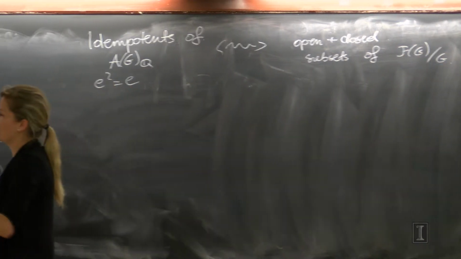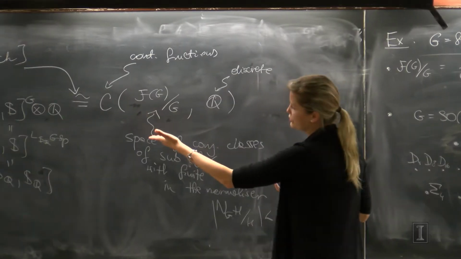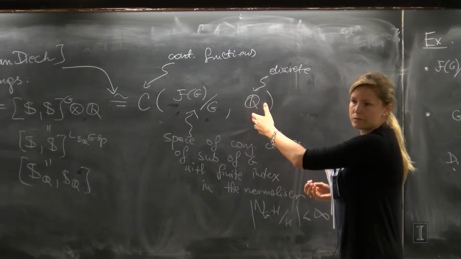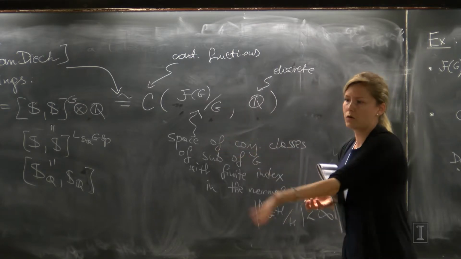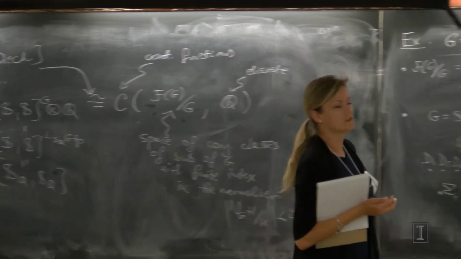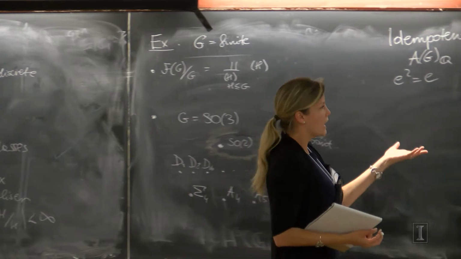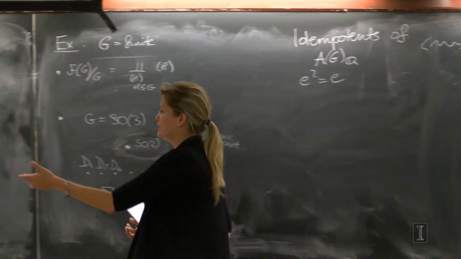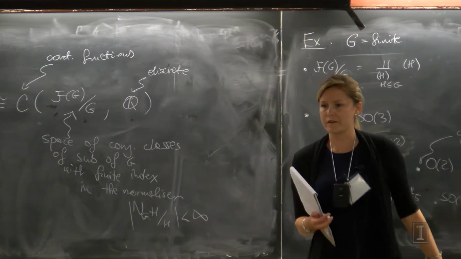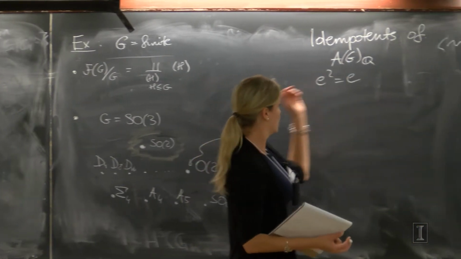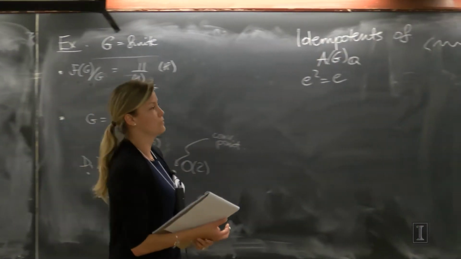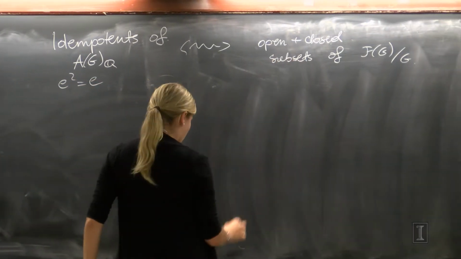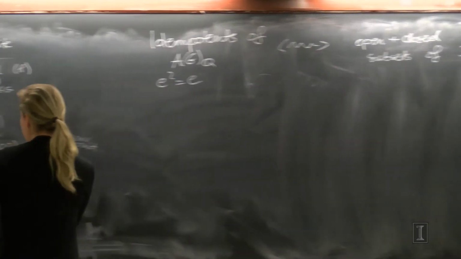Why? If I have an idempotent, it's going to be an idempotent continuous function, so a continuous function with values just in 0 and 1. So I'm just looking at what is sent to 1, the support of the function. And because Q is a discrete space, the support of this function is going to be an open and closed set in this space, Φ_G mod G. So what are the idempotents?